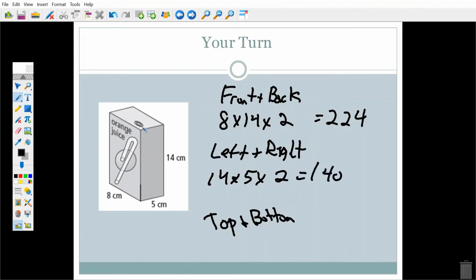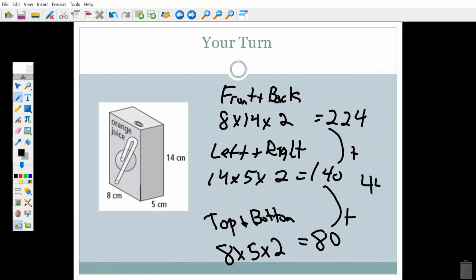And the top and bottom, obviously up here, is 8 times 5 times 2, which is 80. Add those together: 80 plus 140 plus 224 is 444 centimeters squared.